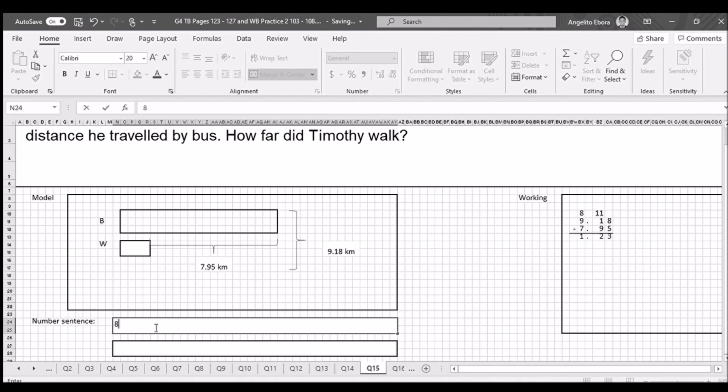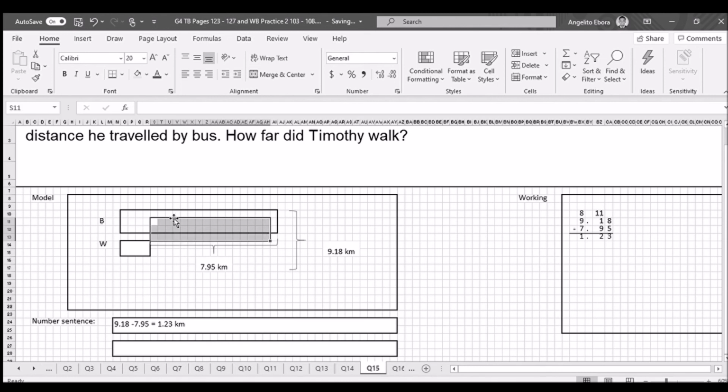So 9.18 minus 7.95 is equal to 1.23 kilometers. Okay, so since this one is total, when you take away 7.95, this part, you will see that there are still two same units.